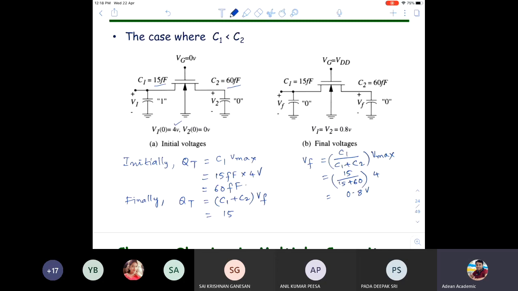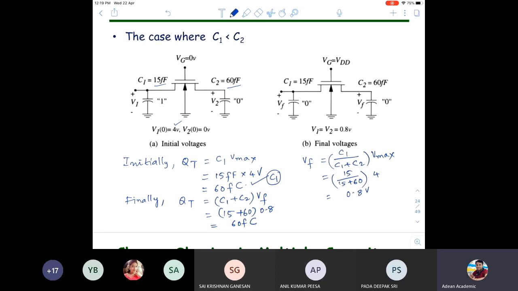Now finally, after charge sharing, Qt will be C1 plus C2 into Vf. That is equal to 15 plus 60 into 0.8. That will become 60 femtocoulomb. See again, this 60 femtocoulomb is there only in C1 capacitor alone.